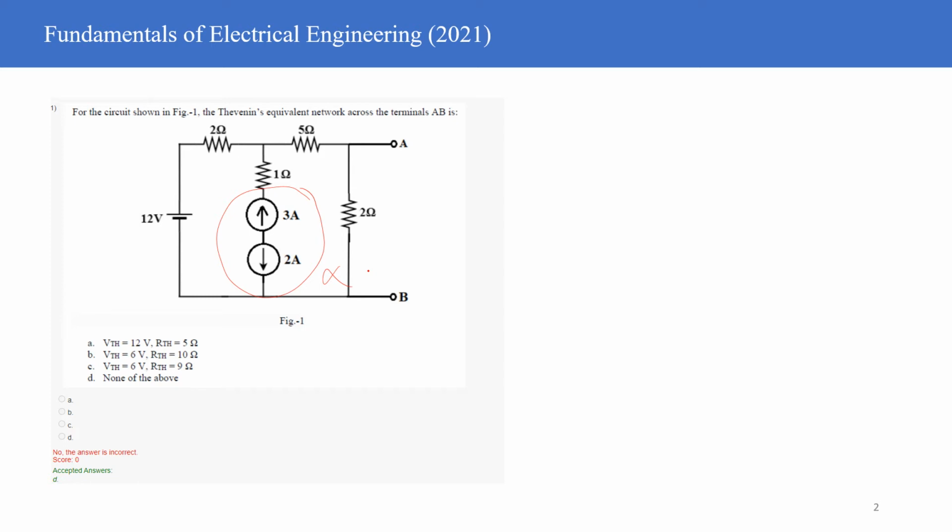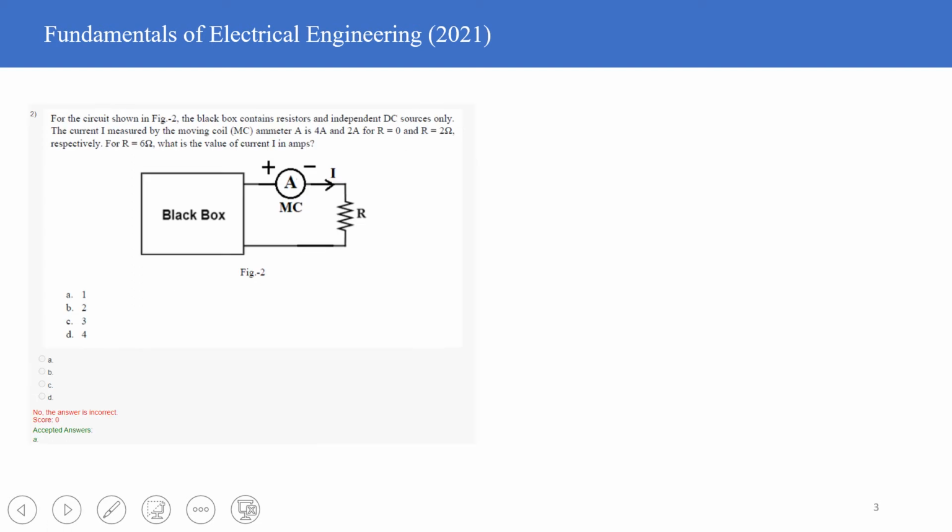Yes, sir. So this is an incorrect circuit diagram, because as you rightly pointed out, these two current sources are opposite to each other and different in magnitude, which is not possible. So none of the above is the correct answer, and that's the solution of this first question. Okay, so let us move to the second one.